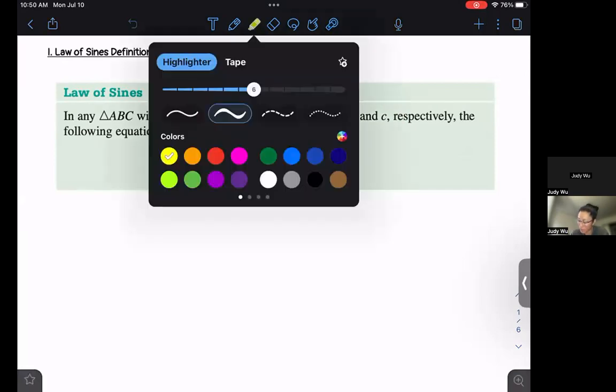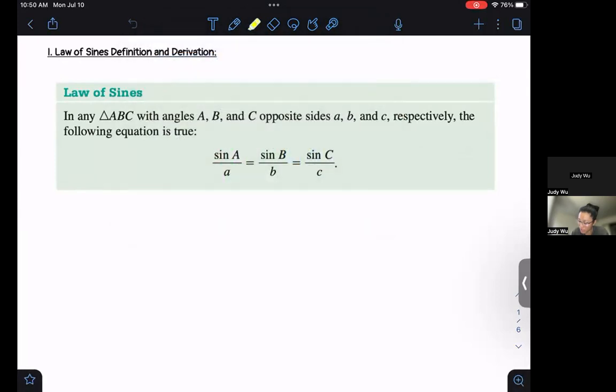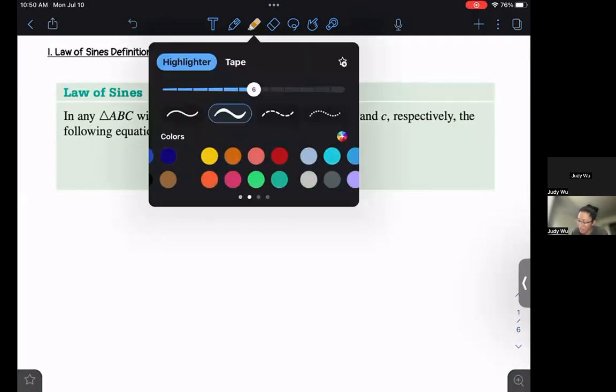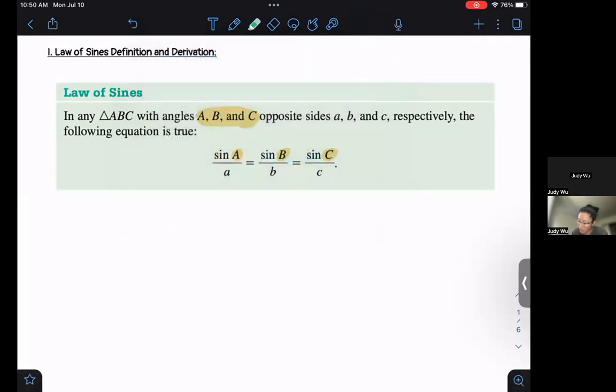Now, I just want to make it really clear here that the angles that we have are all uppercase letters: angle, angle, angle. And all of the sides that we have are lowercase letters, little a, little b, little c.